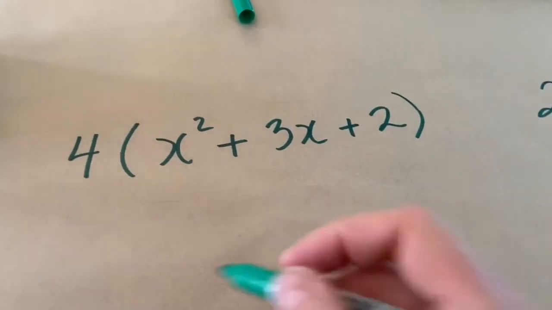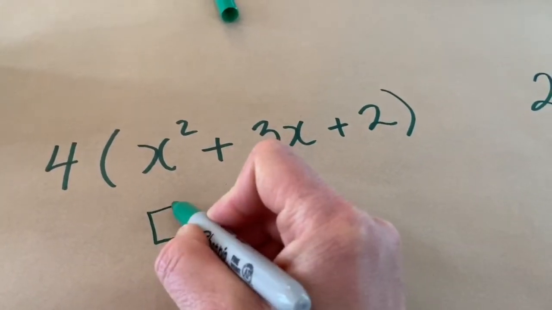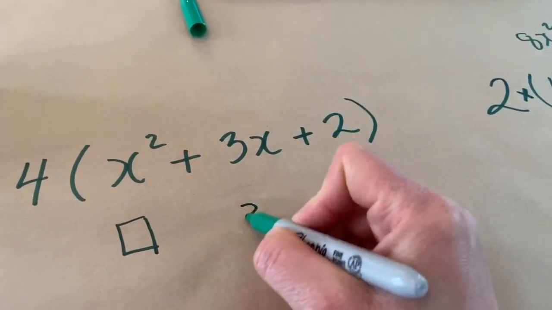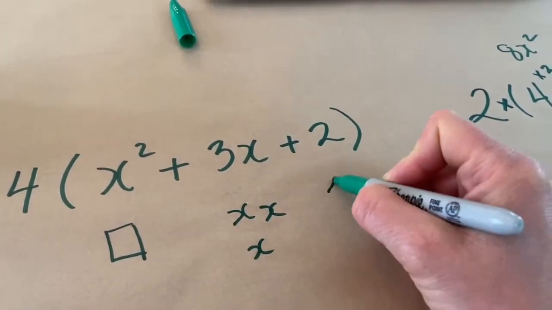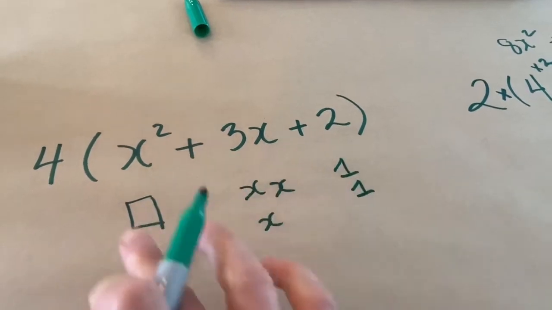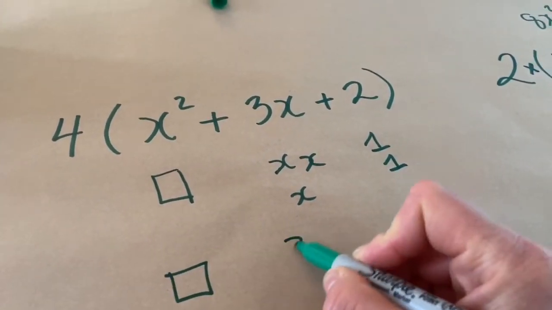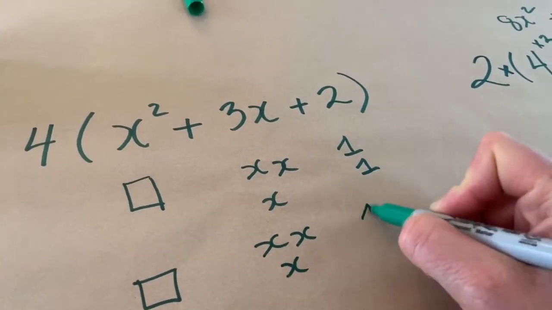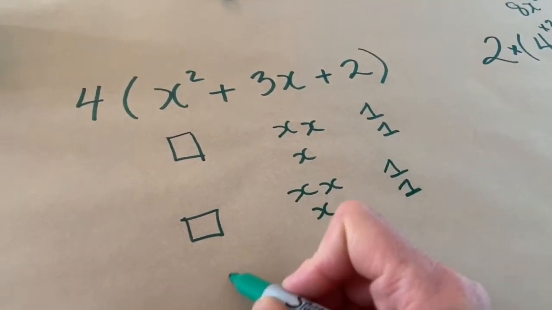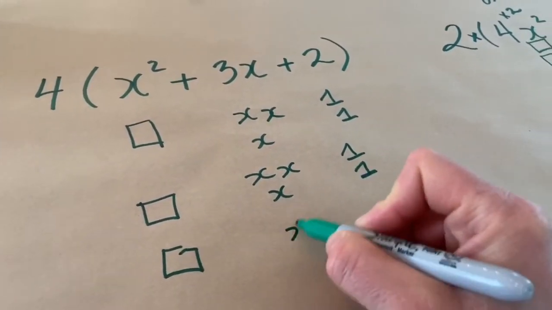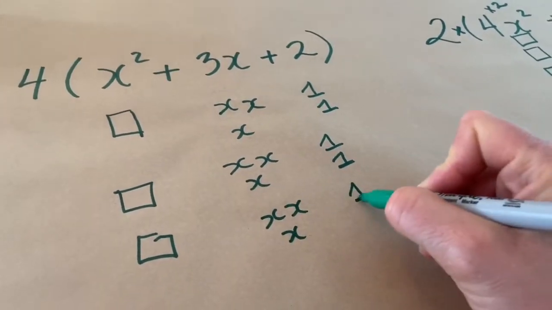Okay, let's remember what we have in the bracket. We have 1x squared, we have 3 x's, and then we have 2. But I don't just have that one time, I actually have it 4 times. I've got another x squared, another 3 x's, another 2. I've got it another time, an x squared, 3 x's, and 2.